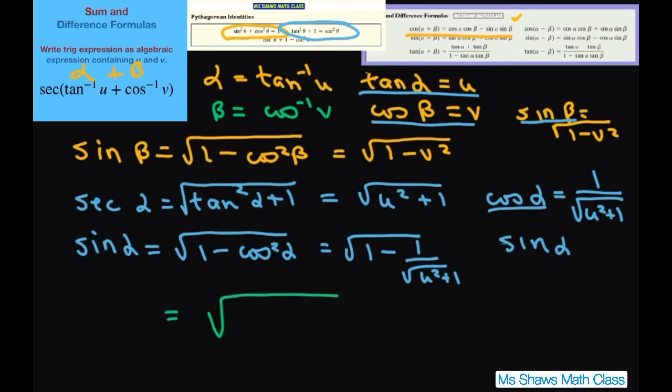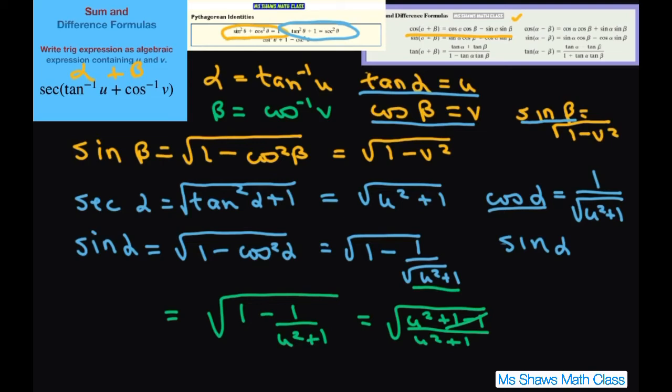Now to put both under the radical, I'm going to put this under the radical, so that's just going to be u squared plus 1, and that simplifies to square root of, with the common denominator, u squared plus 1 minus 1 divided by u squared plus 1. So that cancels.